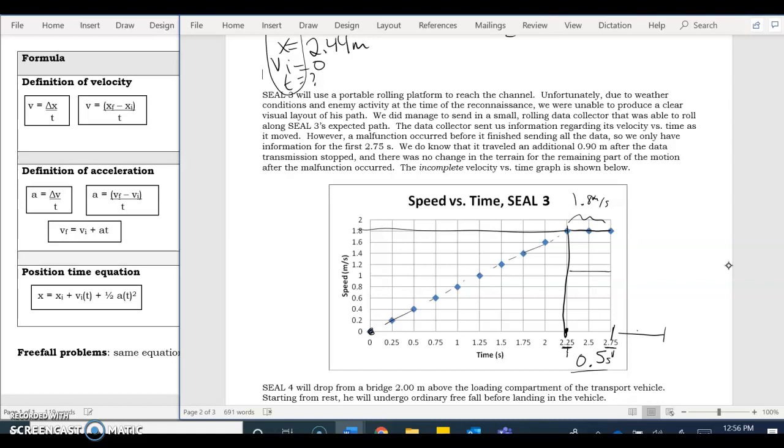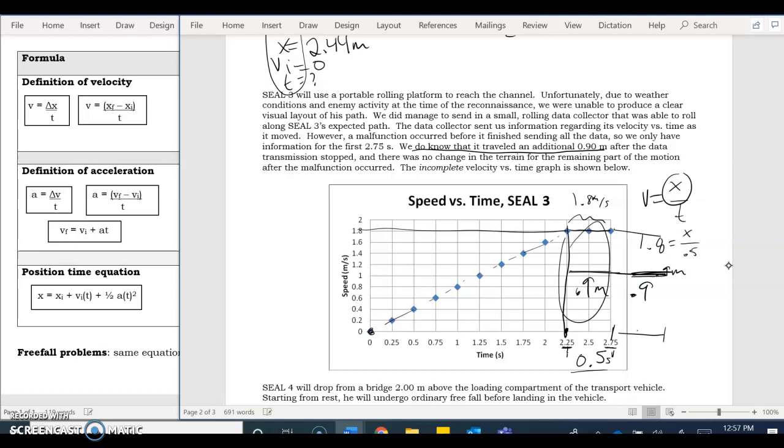All right, so from that information right there, since there's no acceleration, I can use this formula to solve for the distance that he went. So 1.8 equals x over 0.5. That distance is 0.9 meters. Okay, from this section right here, he went 0.9 meters. Well, if you read up here, it says we know that he traveled an additional 0.9. So he went another 0.9.